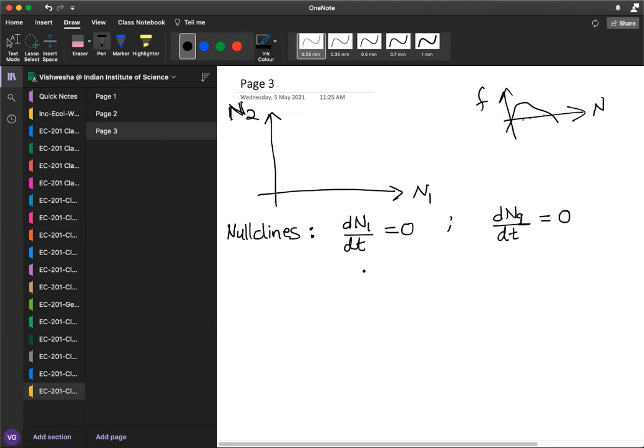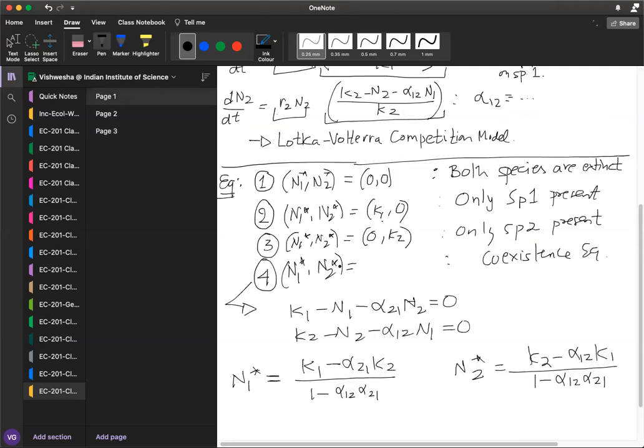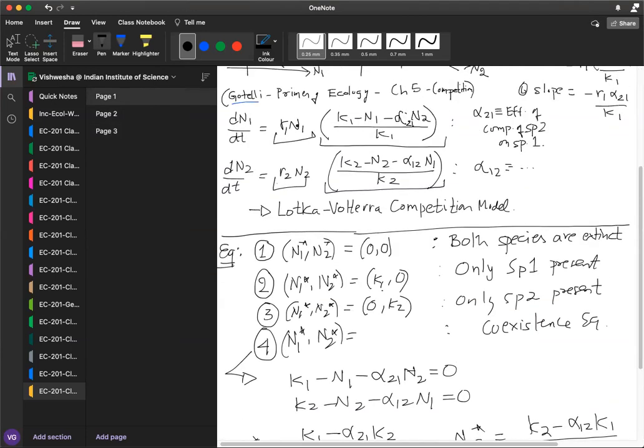So let us see what a null cline for species 1 is. Remember, dN1 by dt was basically the product of this term with this term, right? So when will dN1 by dt be 0? When this term is 0, or when this term is 0. So both of them independently form the null clines of species 1.